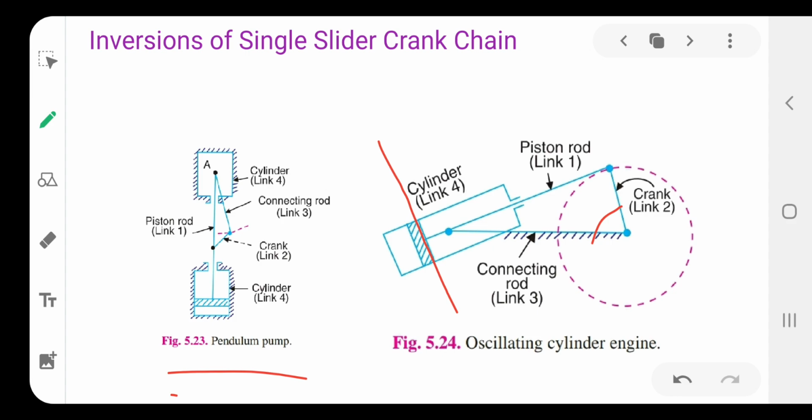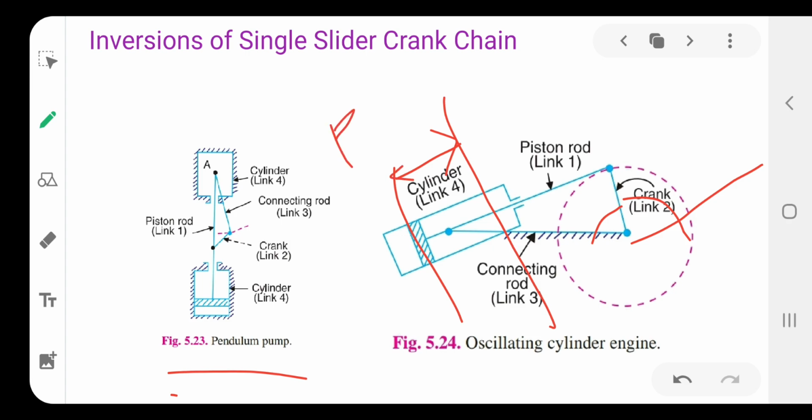After the crank moves clockwise, here is the next position of the crank. Then the position of the cylinder changes to this. This is the previous position, and this is P1 for previous, P2 for next, of the piston. Okay, so this is a particular inversion of the slider crank mechanism.